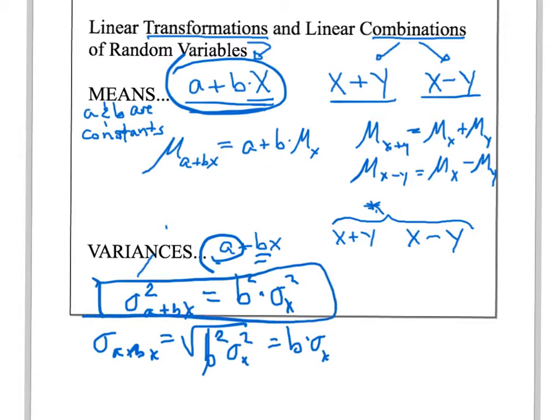The reason I do it for variance is because of the rule for combinations. If I'm adding two variables together, their standard deviations do not add, but their variances do. So the variance of x plus y is equal to the variance of x plus the variance of y.